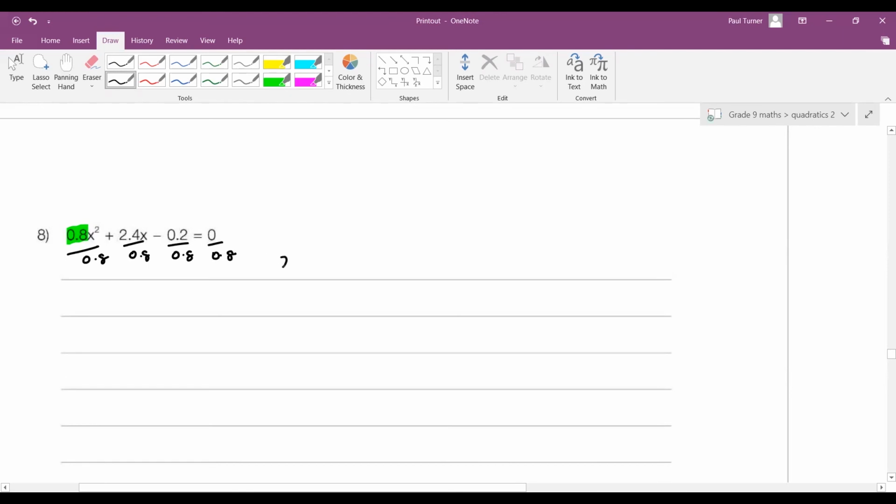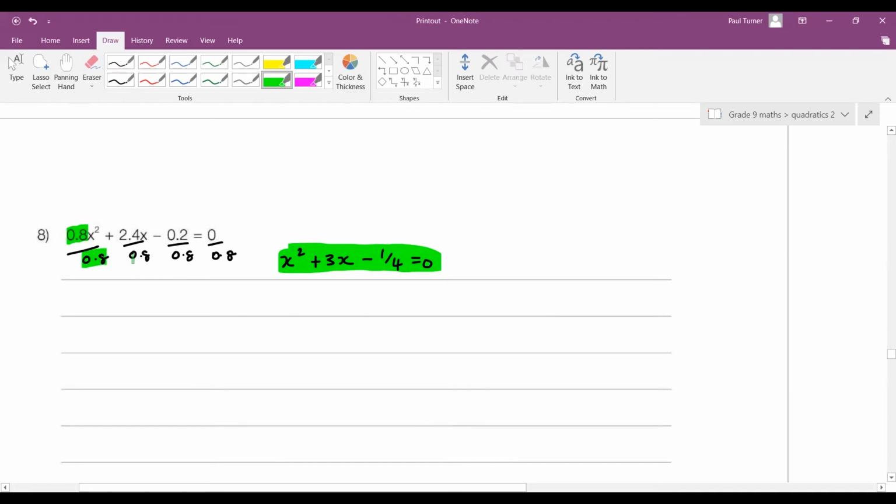So you'll end up with x squared plus 3x minus a quarter equals 0. Okay, so you do that one the same way, and I'll open that on the item pool so you can put your answer in there. Okay, so try that one, and I'll go back to the other page.